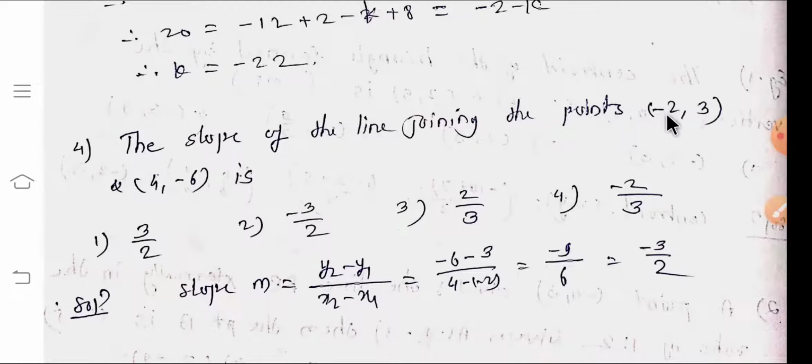So here two points x1 y1 and x2 y2 are given. So y2 is minus 6, y1 is 3, that is minus 6 minus 3, by x2 is 4 minus of x1 is minus 2, that is minus 9 by 6 equal to minus 3 by 2. So therefore the second option is the right option, minus 3 by 2.